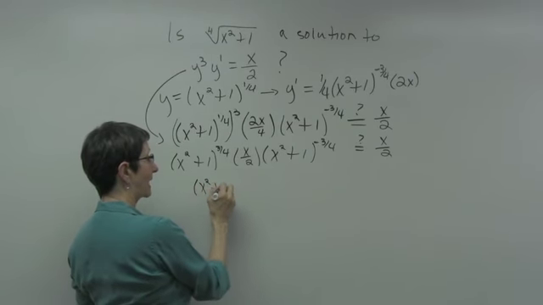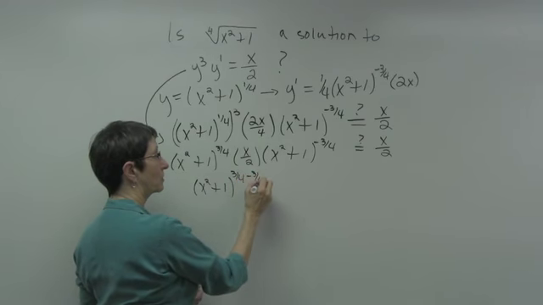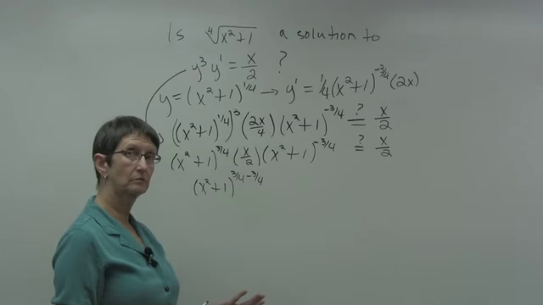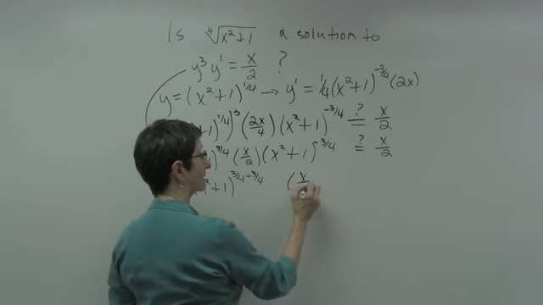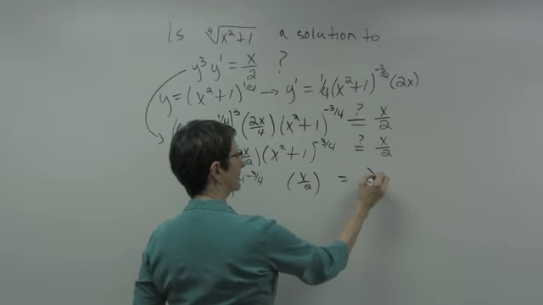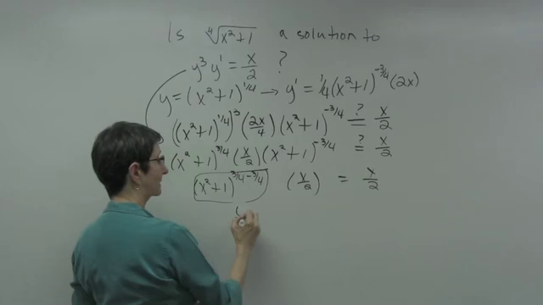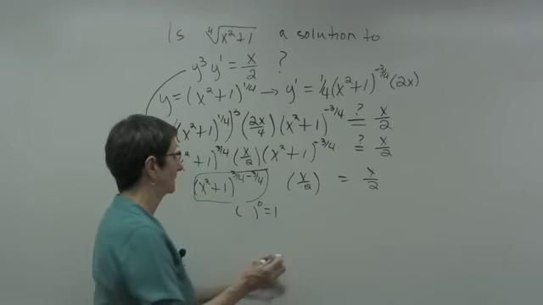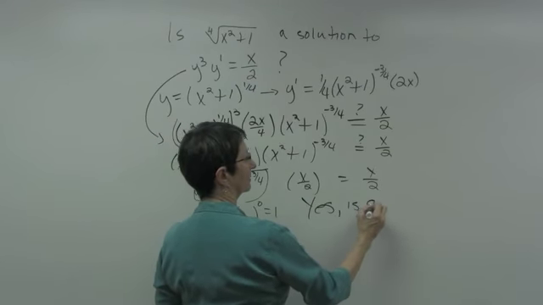So you can add exponents, and 3/4 minus 3/4 gives you 0. So this whole piece right here actually becomes 1. Something to the 0 power times x over 2 is equal to x over 2. So since this is something to the 0 power, which is 1, this is true. So we say yes, it is a solution.